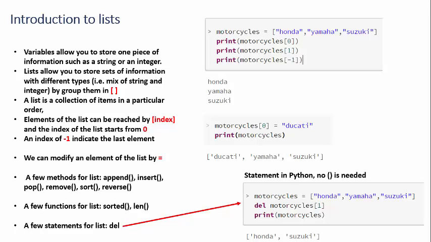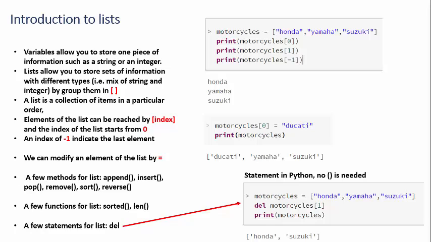So the first element in a list has the index 0. The second element has index 1. The third element has index 2. Initially, when you first learn Python, it's a little bit inconvenient to start the index from 0. But little by little, you're going to get used to that convention.